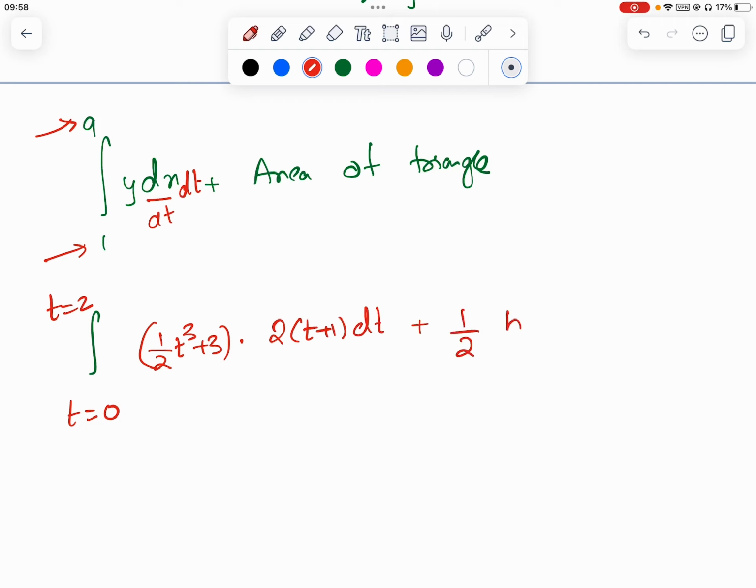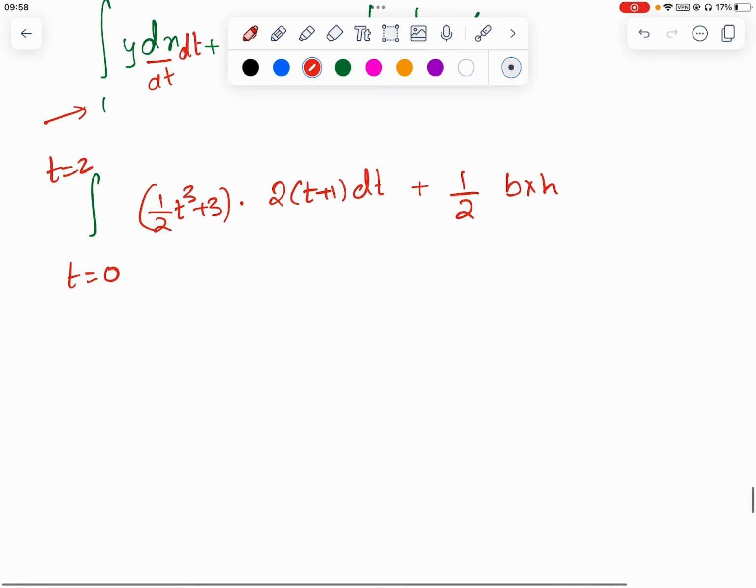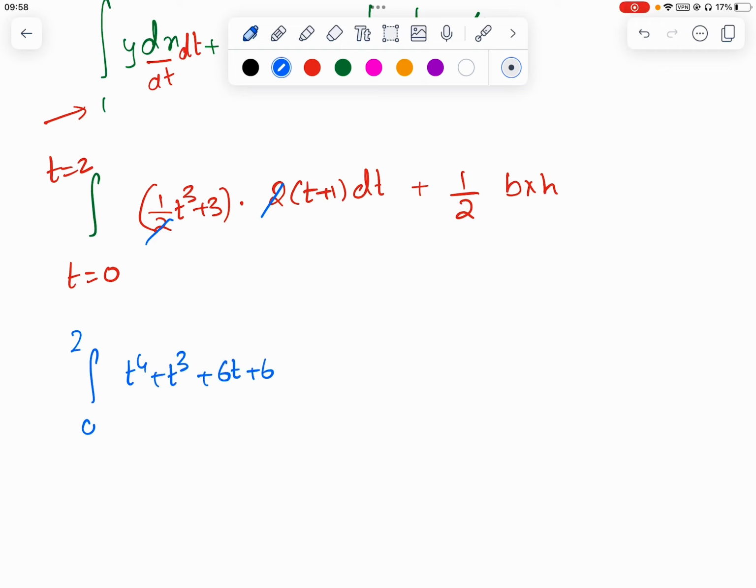Area of the triangle is half base into height. So what does that become now? Limits 0 to 2, the 2 and 2 cancel, t^4 plus t^3 plus 6t plus 6 dt, plus area of the triangle, half times base 7, height also 7.